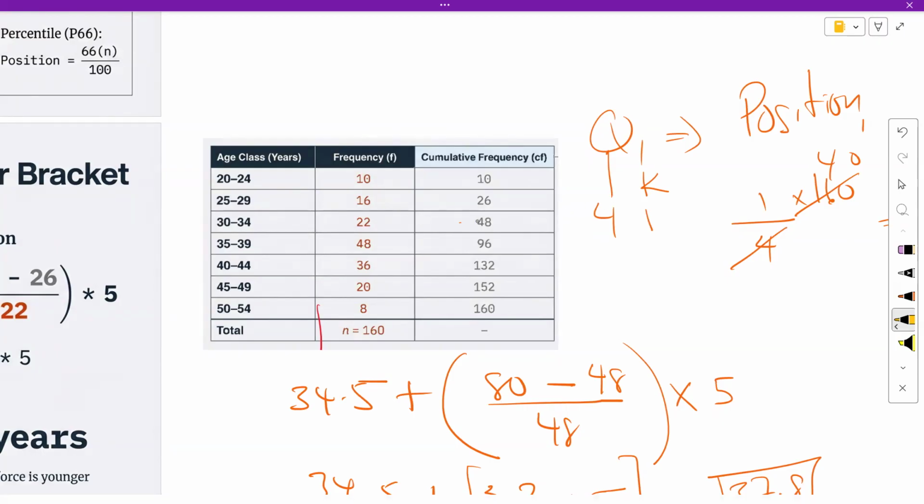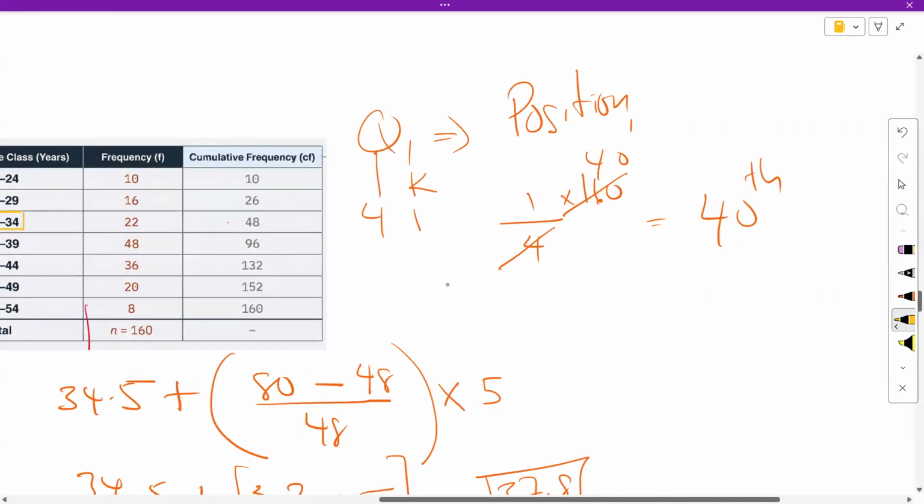Yes, 30 to 34, because after 26, this is 48. So 48% is in this class, so this is the model class. What's the lower boundary of the model class? 29.5. Yes, 29.5. Very good.